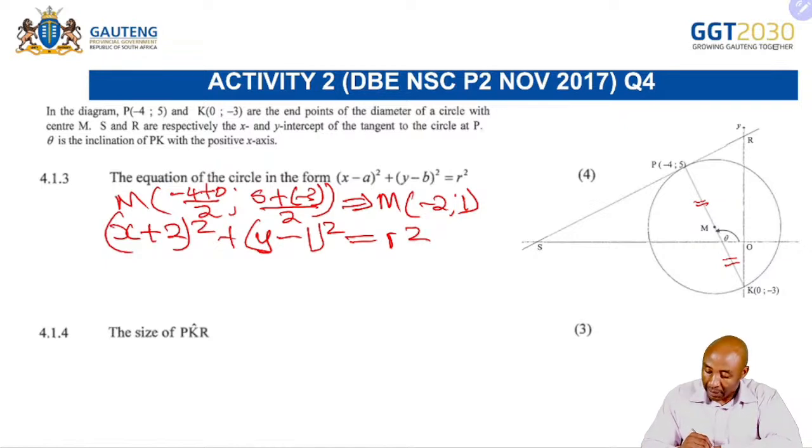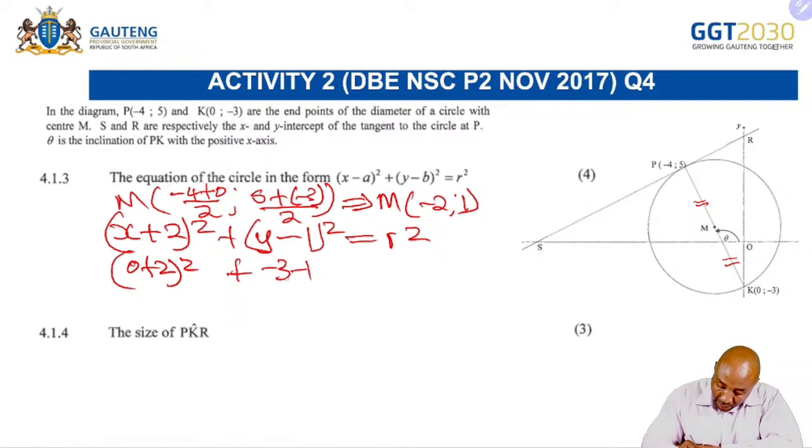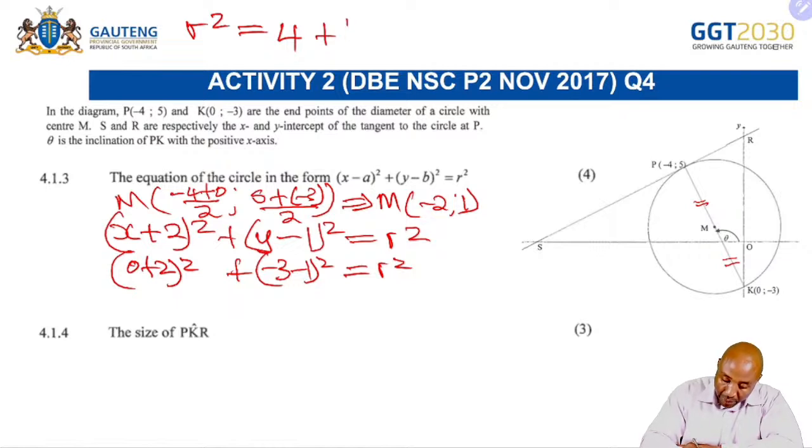To make my life easy, to get r squared, I can substitute any of the points P or K. I'm choosing to substitute the coordinates of point K because there is a 0 there. I'll have 0 plus 2, I square that, plus my y at K, it's -3 minus 1 squared, and that gives me r squared. 0 plus 2 is 2, it will give me 4, plus -4 squared, it's 16.